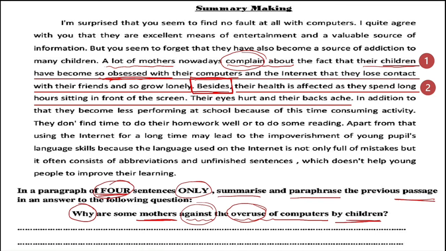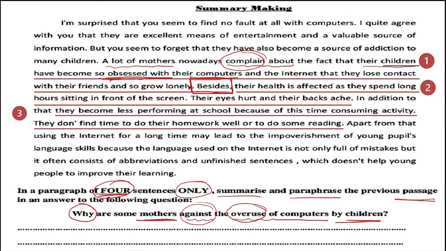And if we look here, you'll find that in the following sentence we have "in addition to." So when we have "in addition to" or "besides," it means the writer is trying to connect the topic and give us more information, more reasons to go against computers or the overuse of computers.